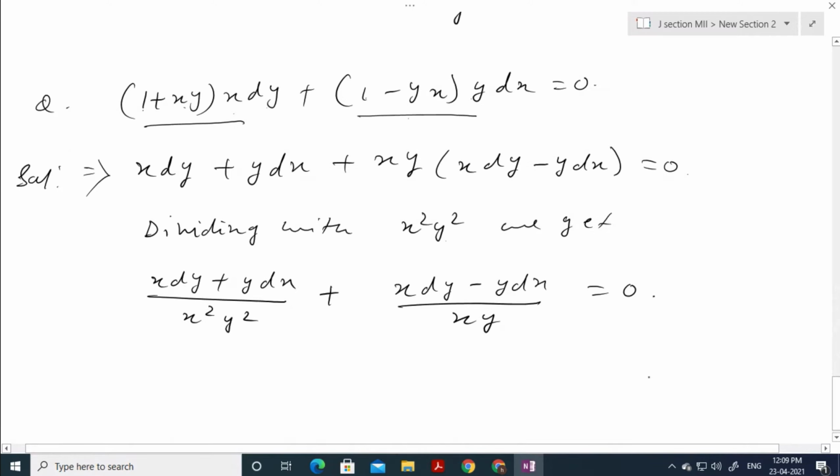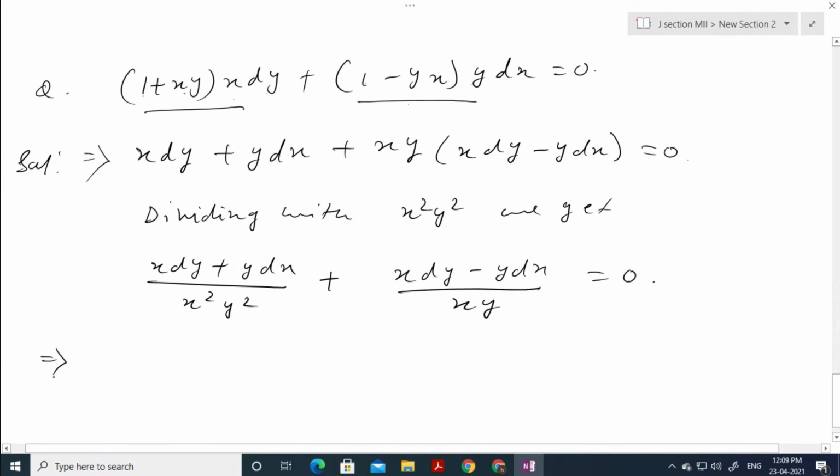Now this whole thing can be written, the first part, as d of xy by (xy) whole square. Can I write it? In the numerator I have written d of xy, and d of xy is nothing but x dy plus y dx.